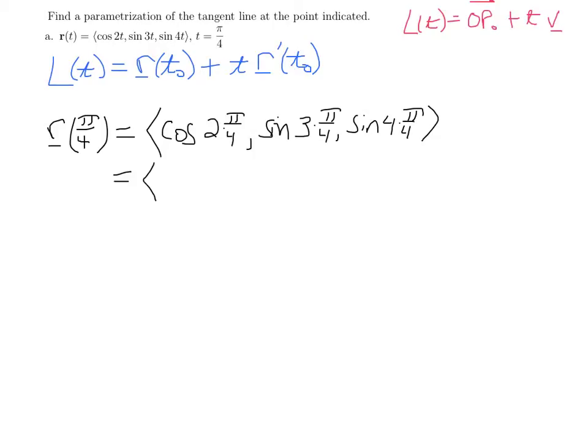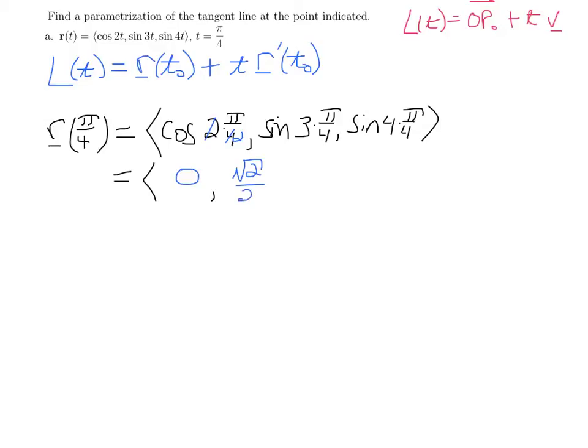And I'm just going to quickly take care of that. So that's the cosine of pi over 2, because the 2 cancels with the 4 to give me a 2. And so I get a 0 in that location. And then I have a sine of 3 pi over 4. So that puts that in the second quadrant, and the y coordinate is still positive in the second quadrant, so the sine is positive.